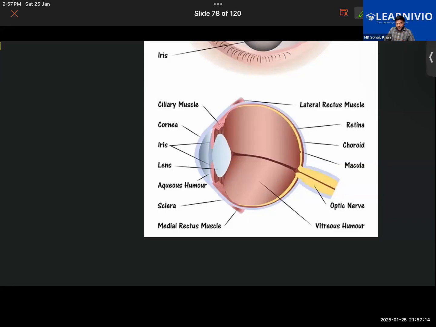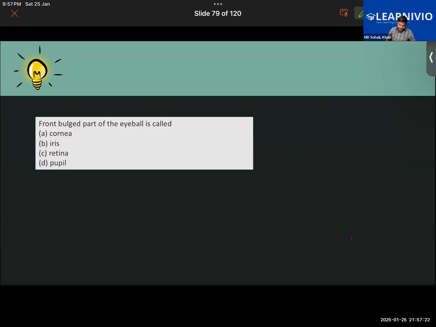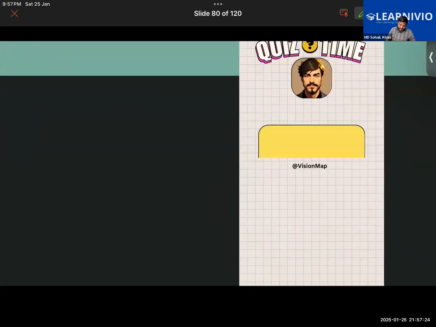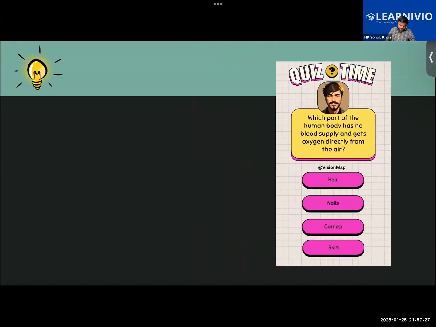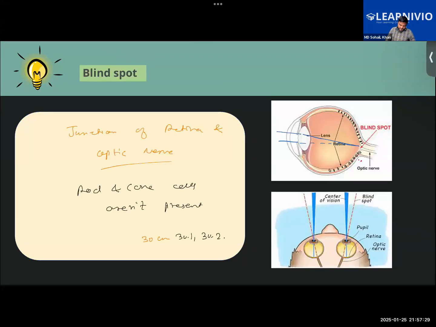Because if this part were to be damaged in an accident, the person will lose vision, right? Now that is one thing. So these were the different parts of the eye. Blind spot, we have already discussed this, right?